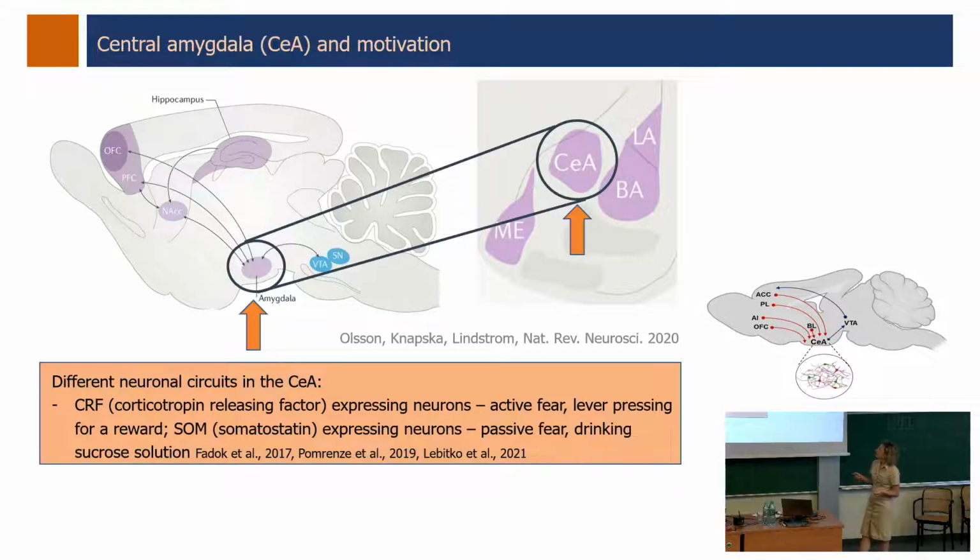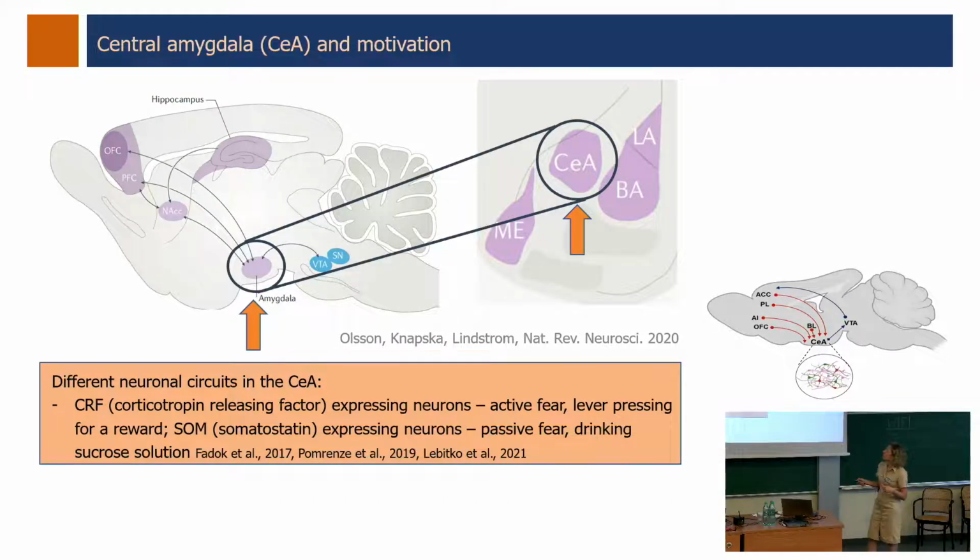But then studies showed that there are different circuits of cells, different groups of neurons that can be distinguished by molecular markers. There are neurons that express, for example, corticotropin-releasing factor or somatostatin, which are not overlapping. And when we manipulate these cells, for example optogenetically, we can see different responses.